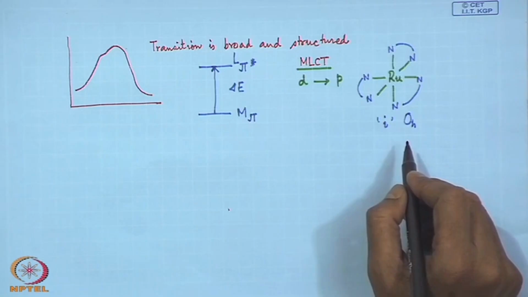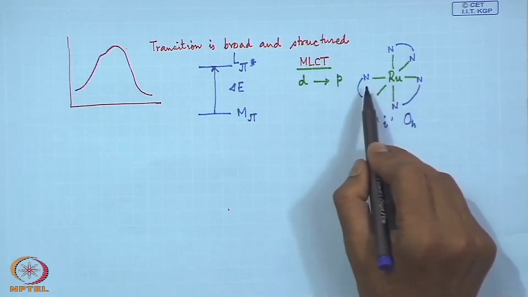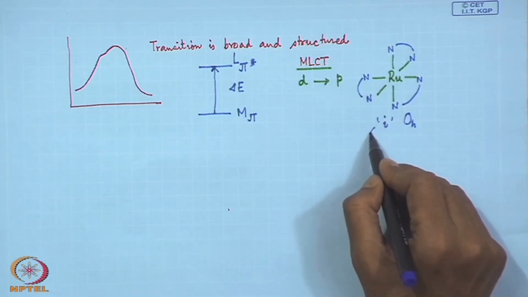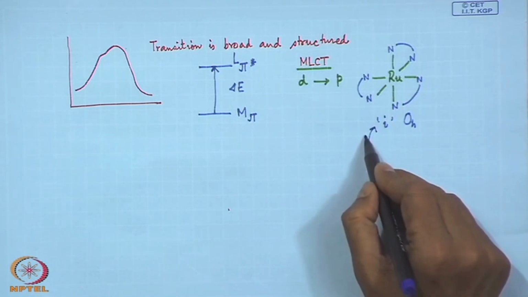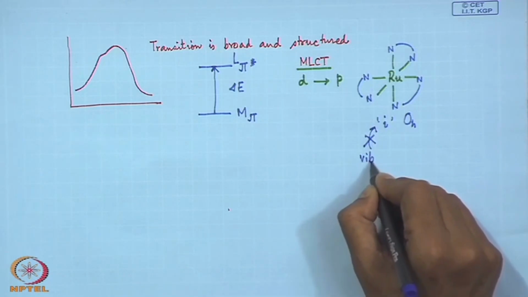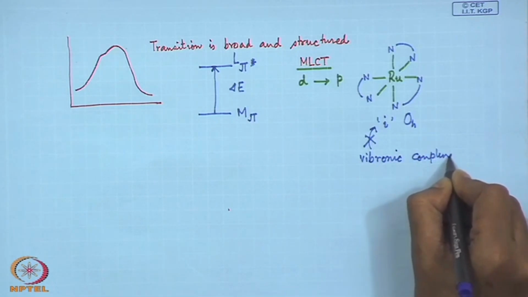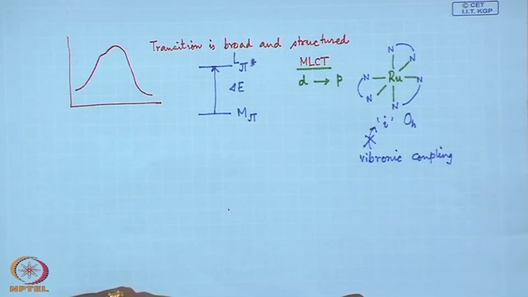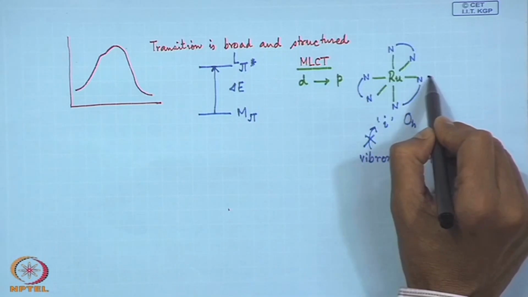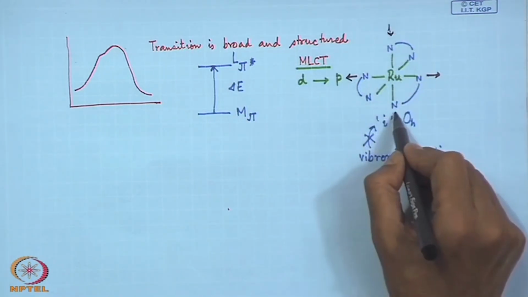But the ruthenium nitrogen bond changes, because thermal vibration is always taking place, such that we can destroy the corresponding I for the molecule due to vibronic coupling. The molecular vibration takes place along the ruthenium nitrogen bond axis, because some of these bonds are stressed and some are squeezed.